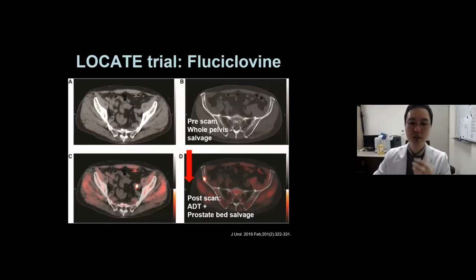And recently there has been a clinical trial after the approval, named the LOCATE trial. It is using fluciclovin in patients with a rising PSA, which is a biochemical recurrence after the initial prostate cancer treatment.